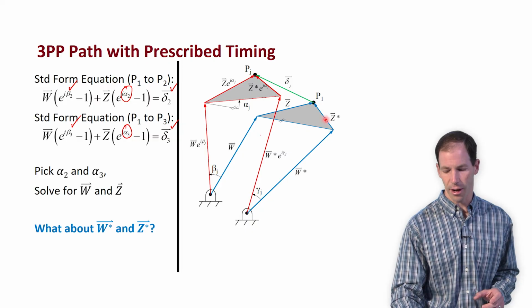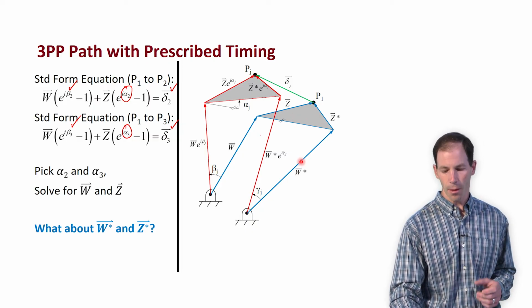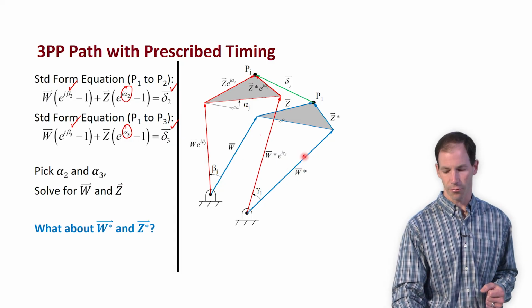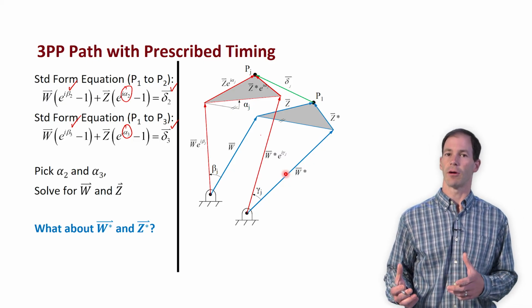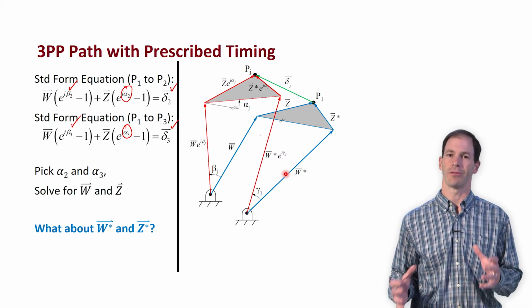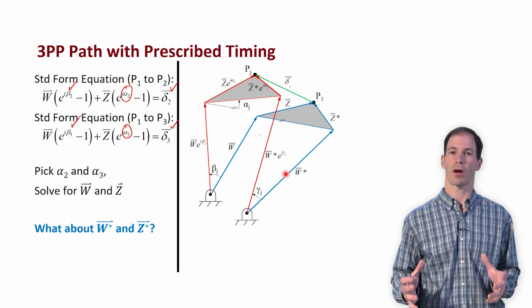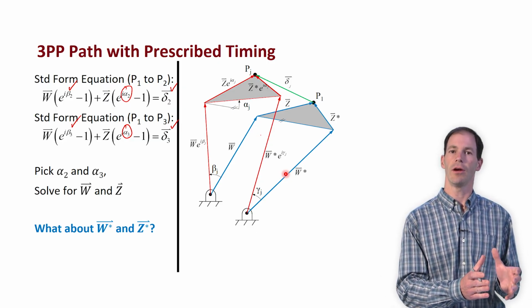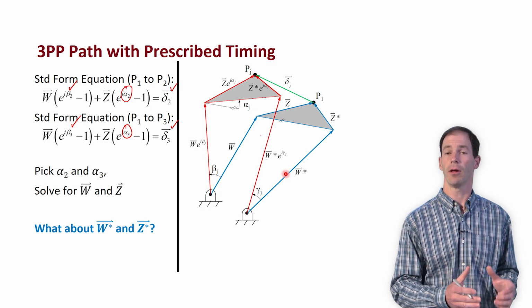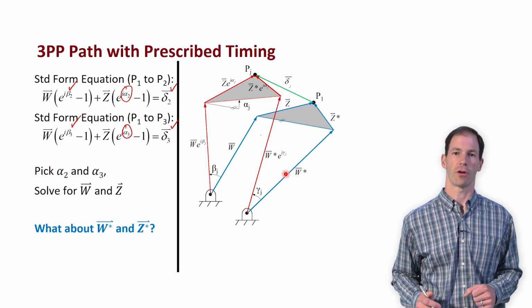Now when we solve the second half of the 4-bar, we have a prescribed rotation of our coupler. And if we're in three positions, we do free choices of the rotation of W star, that γ angle. So a similar process to what we did for motion generation. So to create this full path with prescribed timing 4-bar, I synthesize one dyad of it, the W and the Z, with this path with prescribed timing method, and the other dyad as a motion generation dyad.